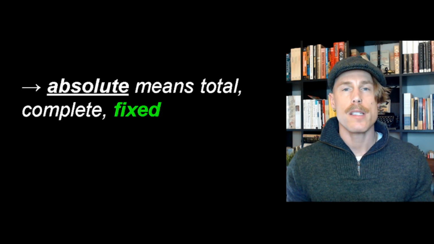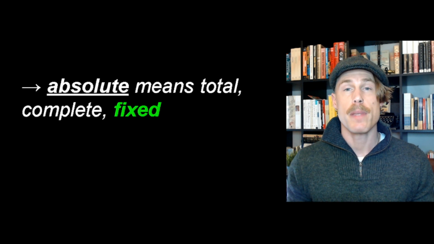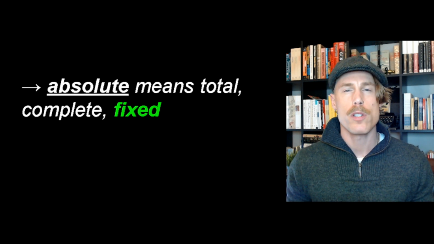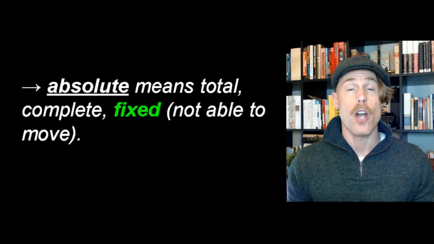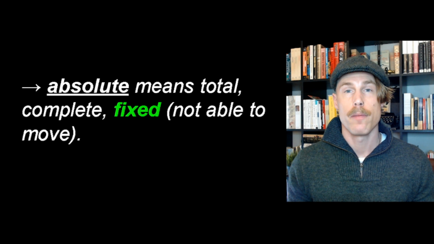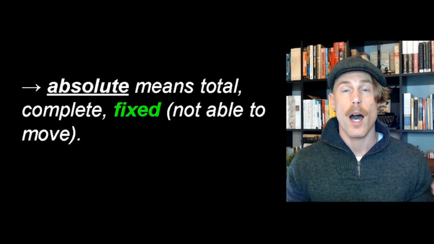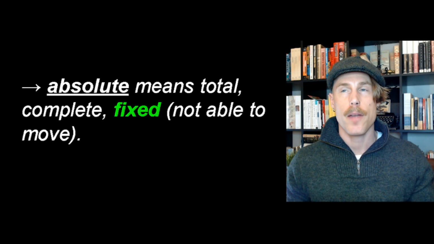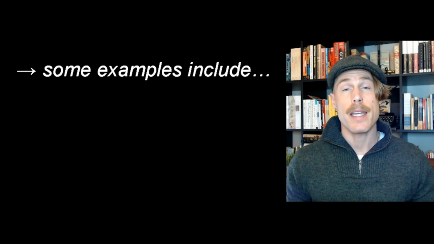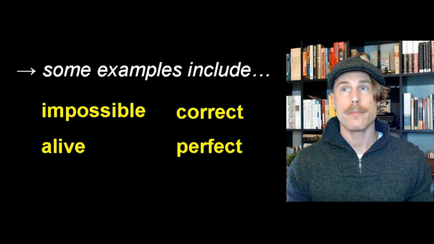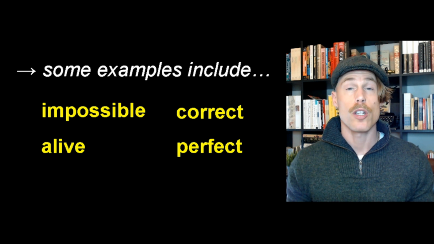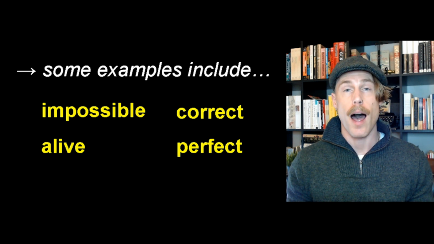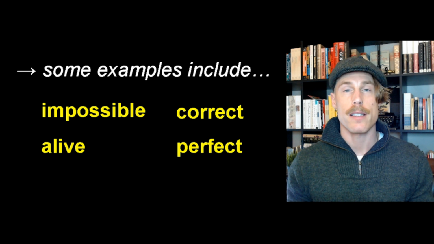And notice I put fixed in green. This is because fixed is the most important idea here. Fixed means not able to move. You can't go up or down a scale. Okay? Some examples include impossible, correct, alive, perfect.